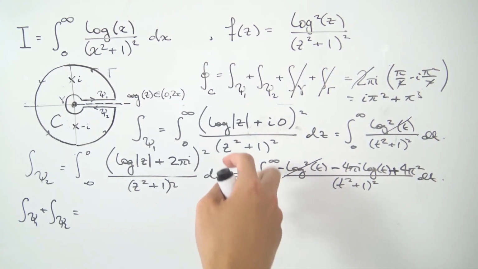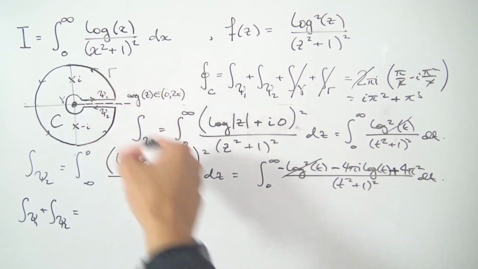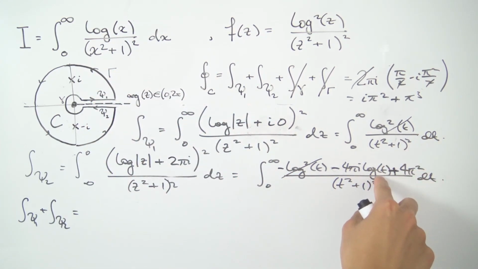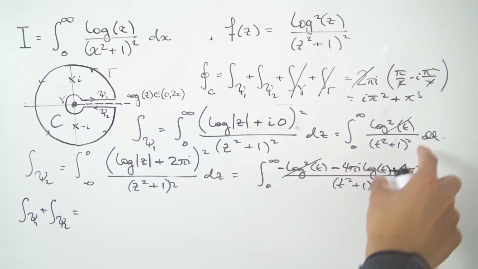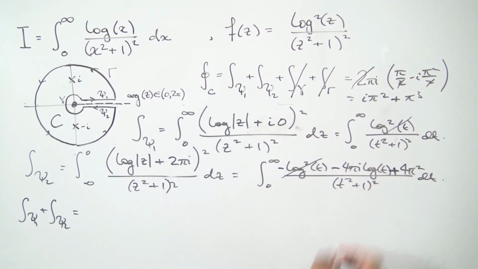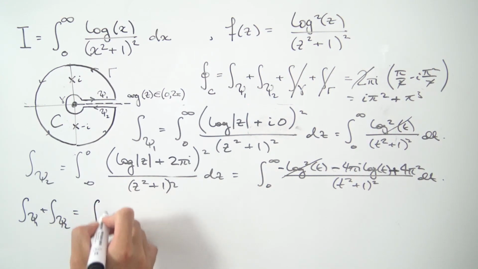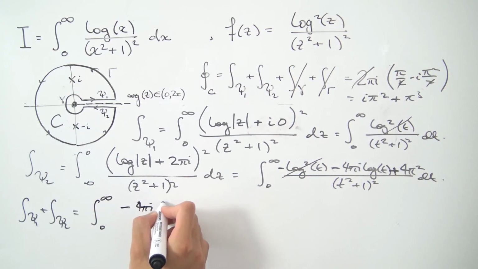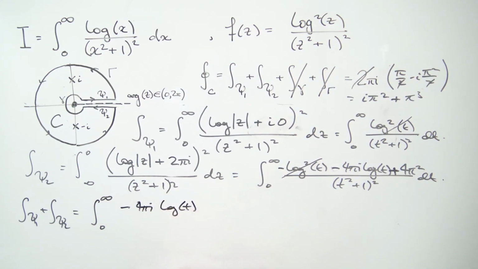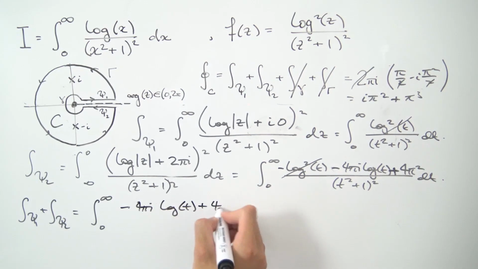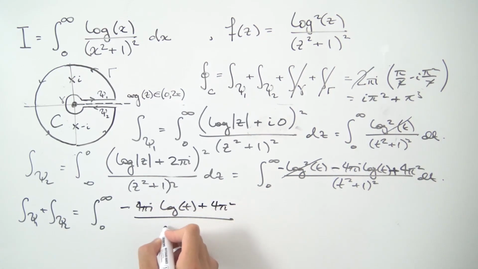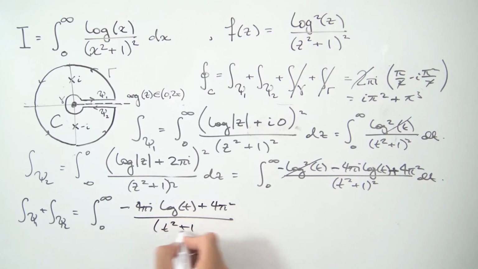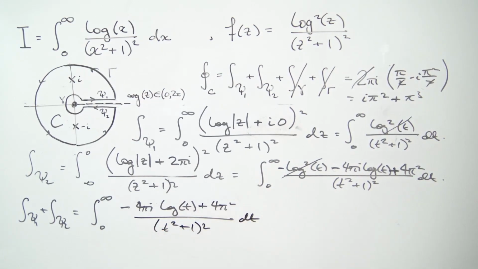And notice, because the arguments are different above and below, the term with just the logarithm to the first power won't cancel. So we're left with the integral from 0 to infinity of minus 4 pi i log of t, plus 4 pi squared, divided by t squared plus 1, the whole thing squared, dt.